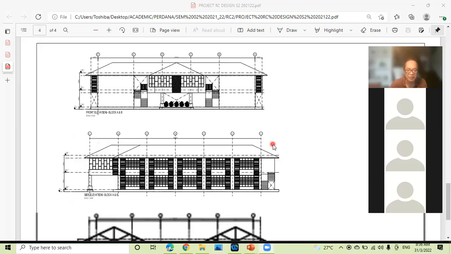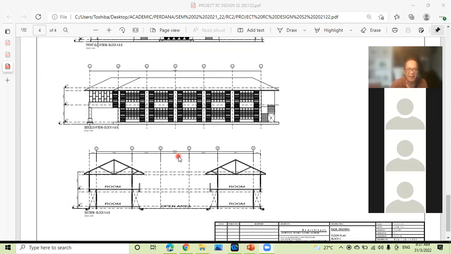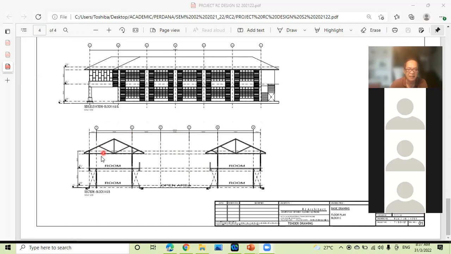It is a 2-story building, and we have the front elevation and the rear, the side elevation. Okay, the front and the side elevation indicated di sini. And finally, we have a typical cross section of the building, indicating the non-structural components lah sebenarnya, indicating the overall height of the building dan sebagainya.